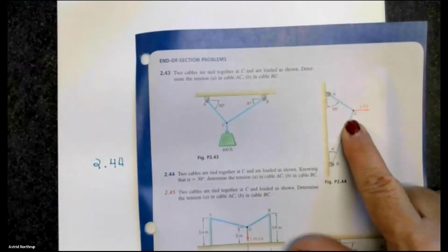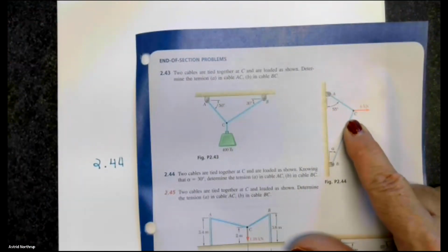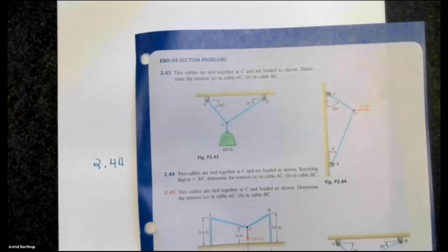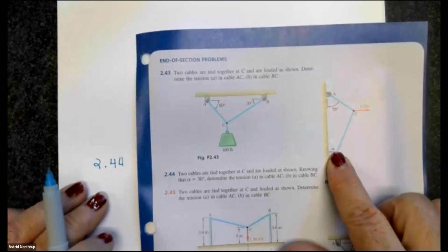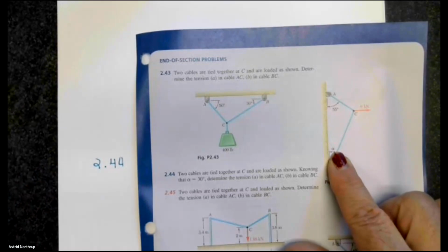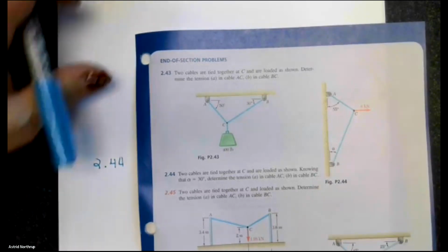So you could express it as an XY component, or you could express it as just a magnitude at an angle. And either of those is equally as good. I prefer to do it in XY or IJ components, just because it lends itself into three-dimensional stuff a little bit more easily.